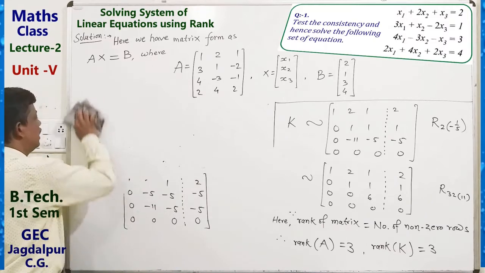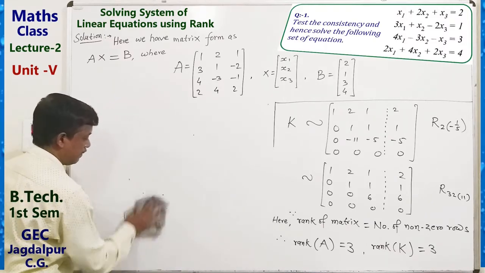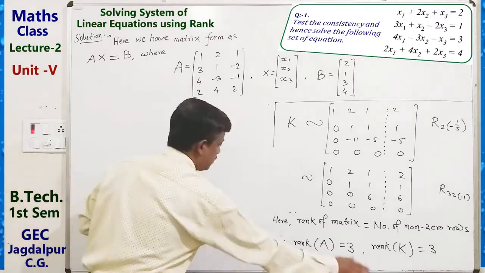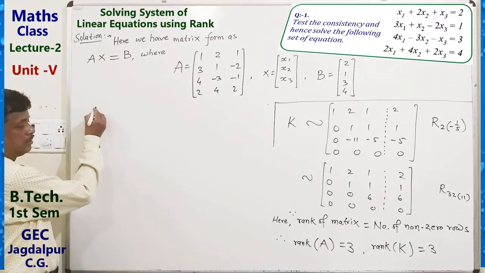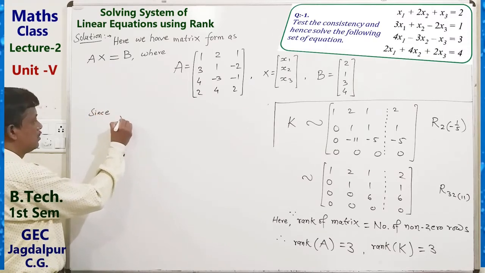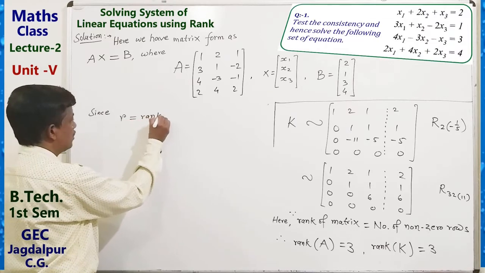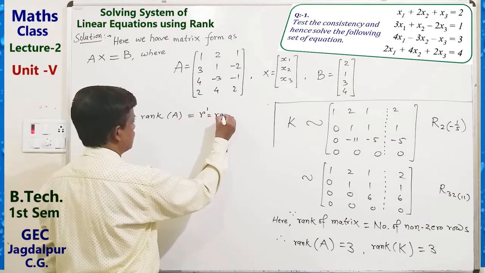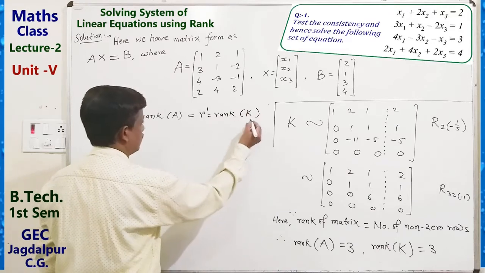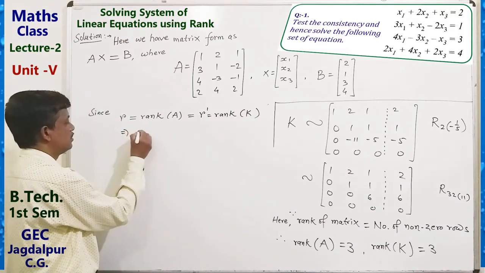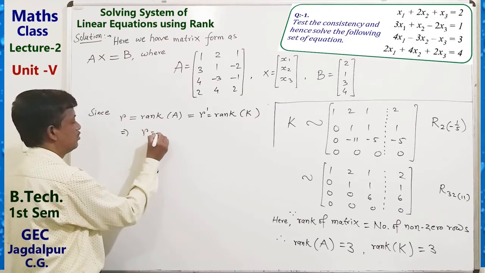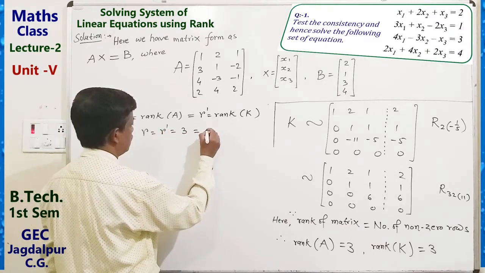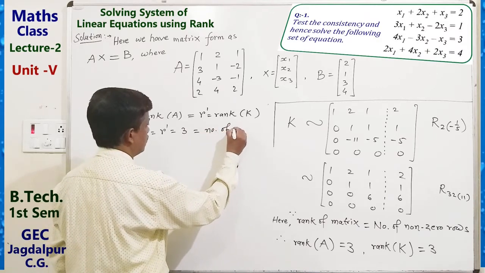Now, since the ranks are equal, R equals rank A, equals R dash, rank K, implies R equals R dash equals 3 equals the number of unknowns.